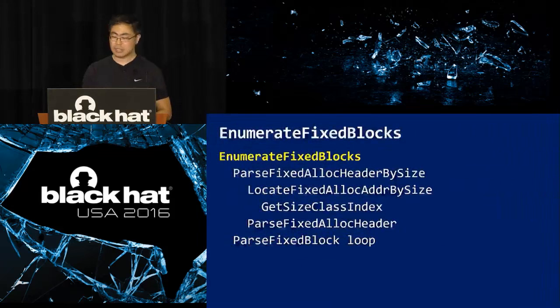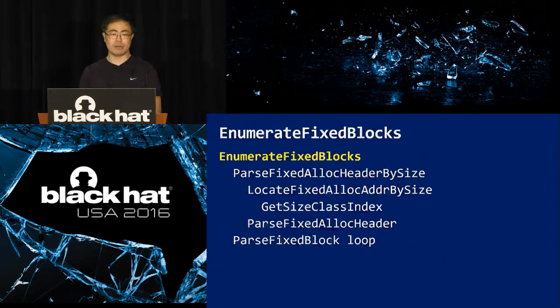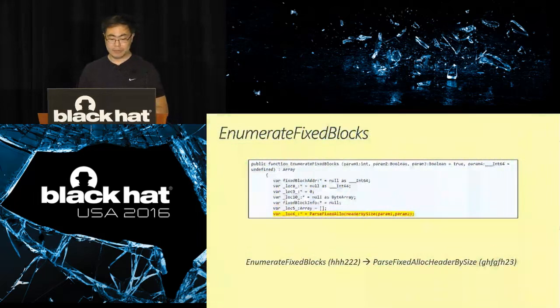I summarized the whole process here: enumerate the fixed blocks. That is the function that can enumerate any memory blocks that have a specific size. If you look into the code, it is just calling parse fixed alloc header by size.